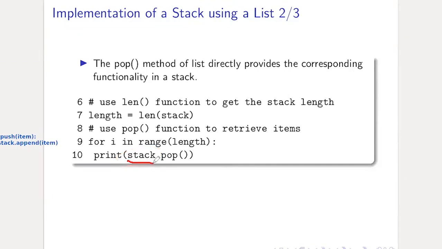So this stack is actually a list. It is iterable. So using the for loop and the range method, I will be iterating through that to access its content. So I can just keep on popping in this manner.